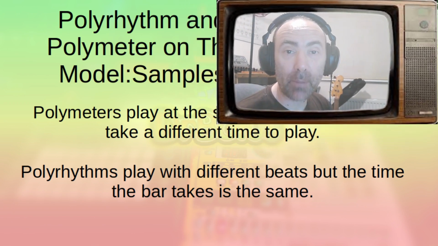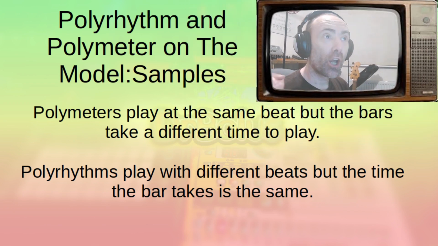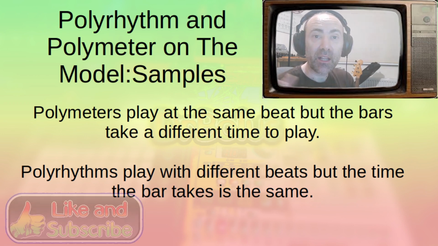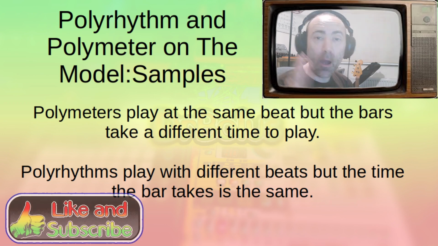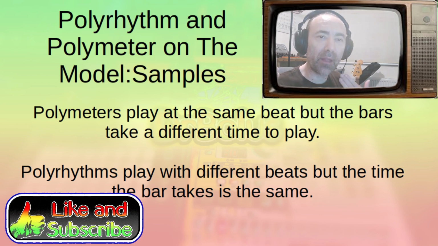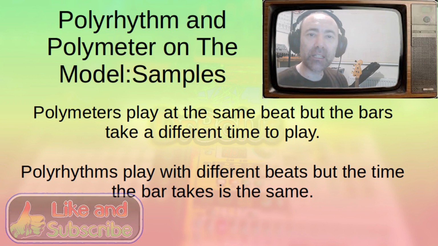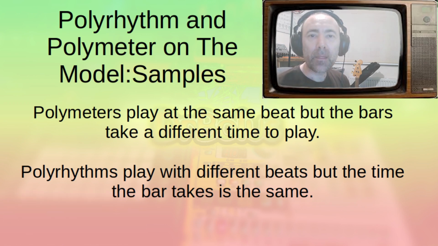Right. To go back and refresh, polymeters play at the same beat and the beats are divided up into the same sections, but the bars take a different amount of time to get through. And polyrhythms, each of the beats is divided up differently, but they take the same amount of time to get through a bar.